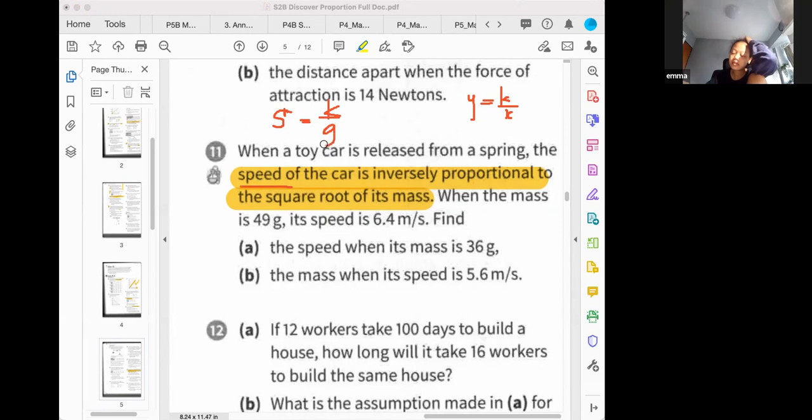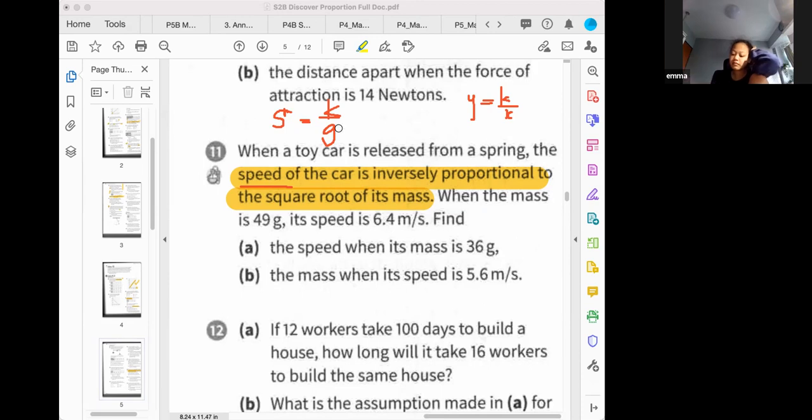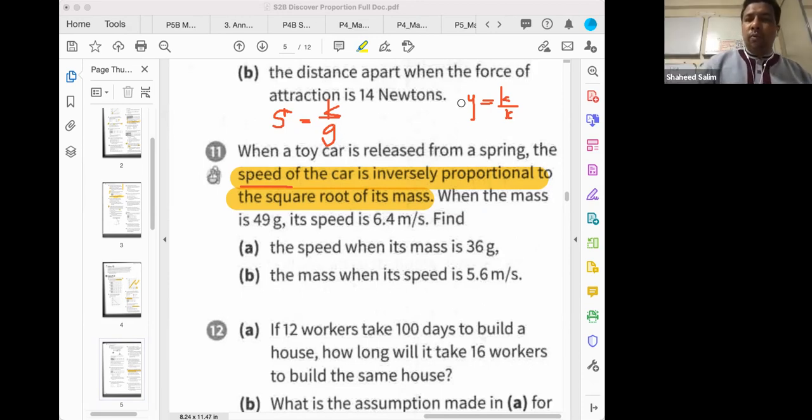G is a gram, okay. G is the weight, right? S is the speed, right? So now you substitute and you will get it. Then you want to find K, which is Y times X, right? So it's S times G.